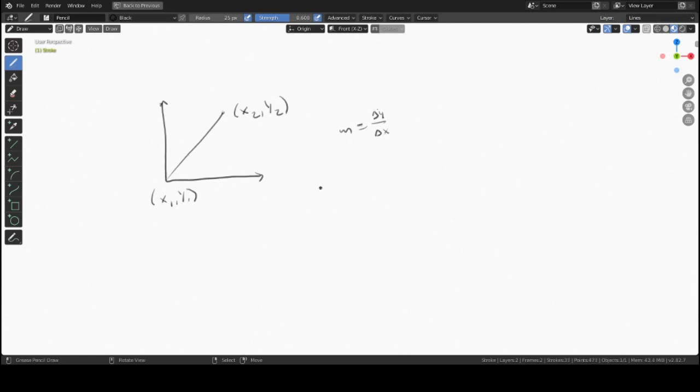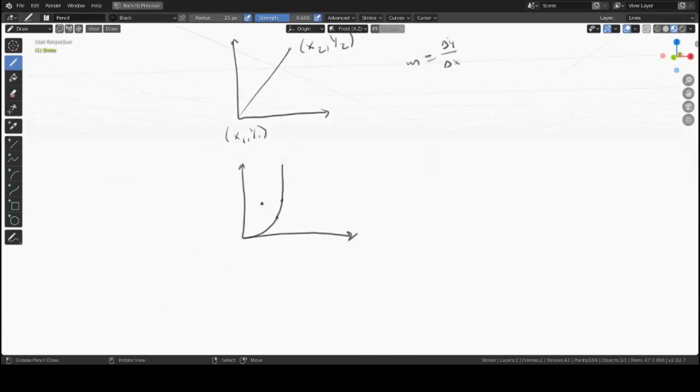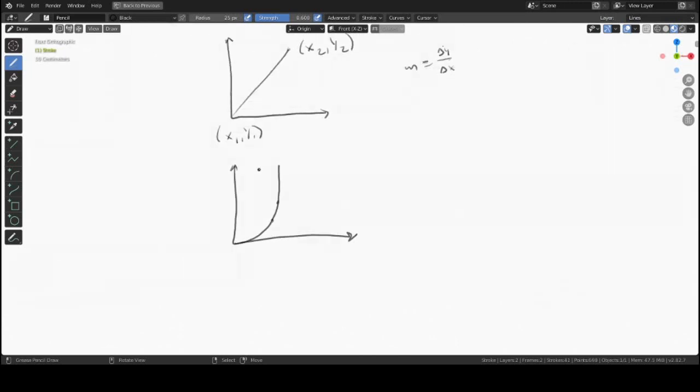Now, what happens if we want to find the slope of a nonlinear function? Suppose we have a parabola and we want to find the slope at this point. Well, one thing we could do is take some points on either side, x2, y2 and x1, y1, and use this same formula to approximate what the slope will be.